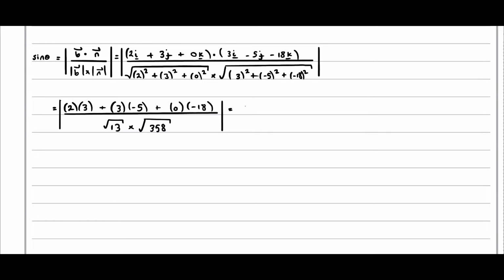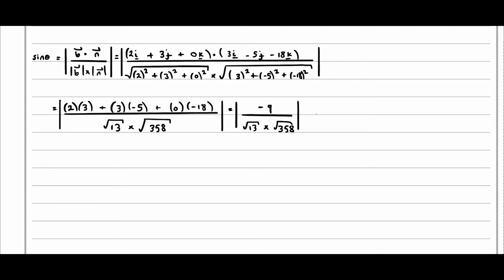So we have 6 minus 15, which is minus 9. So we have the magnitude of minus 9 over root 13 times root 358.